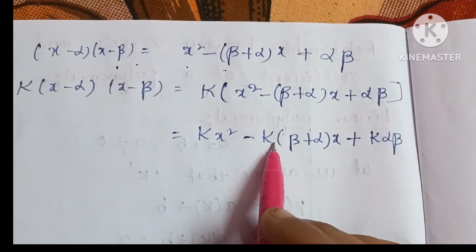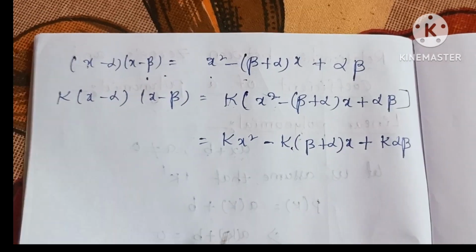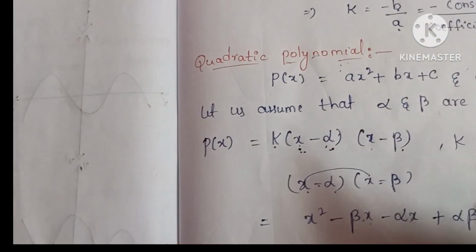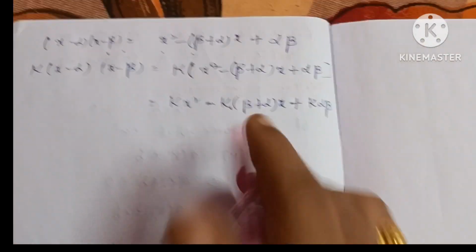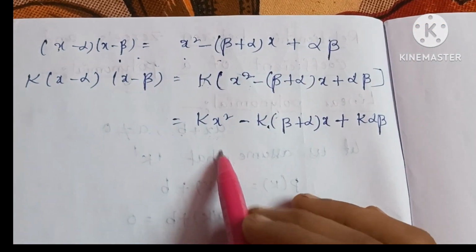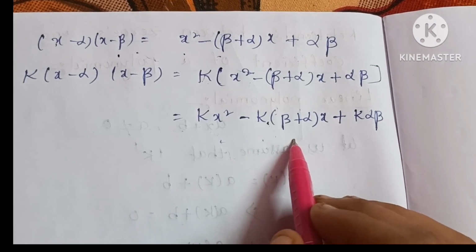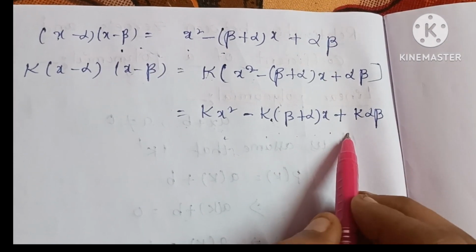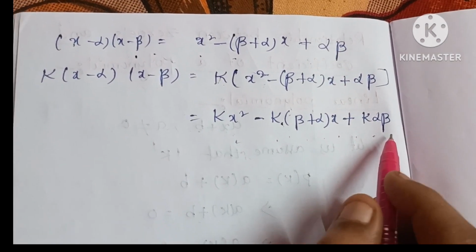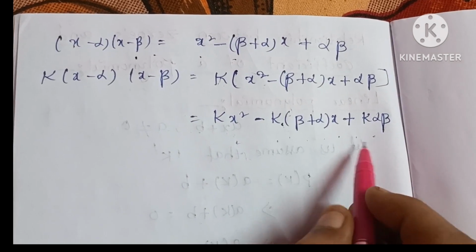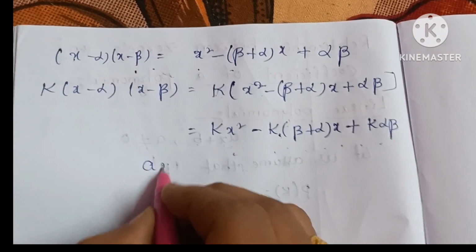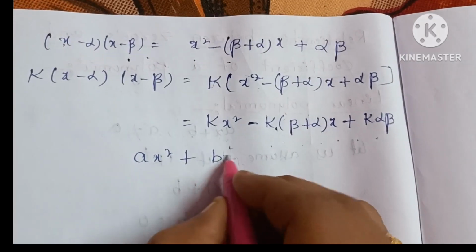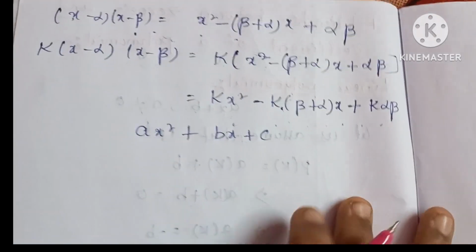Here compare both equations. In the first equation, what is that? ax square plus bx plus c. Now here kx square minus k into alpha plus beta into x plus k into alpha beta. So placing k, what is that equation? ax square plus bx plus c.